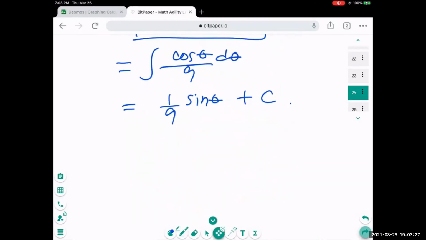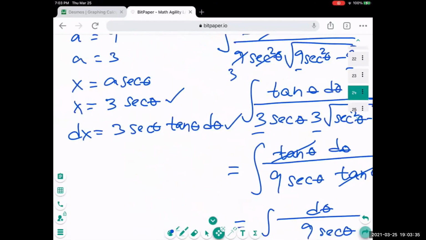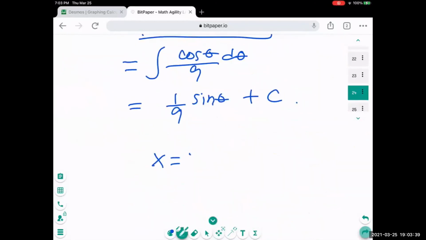So, ano yung relation na ginamit natin kanina? It's x equals 3 secant theta, right? So, meaning our secant theta is x over 3.